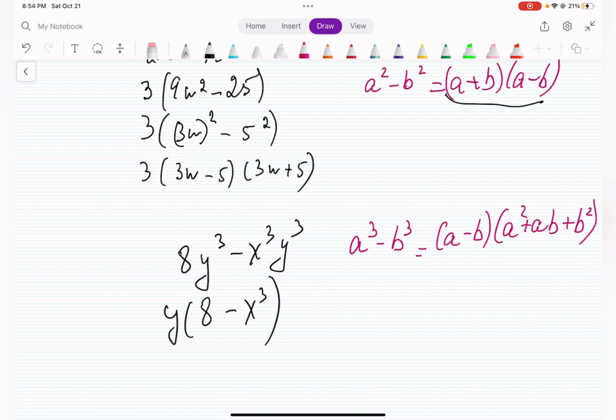And if you have a plus b cubed, it's going to be a plus b and minus ab here. So let me write down other formulas also. A plus b squared equal a squared plus 2ab plus b squared. Okay.